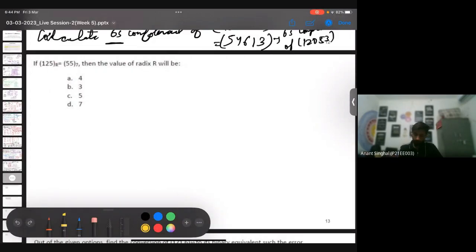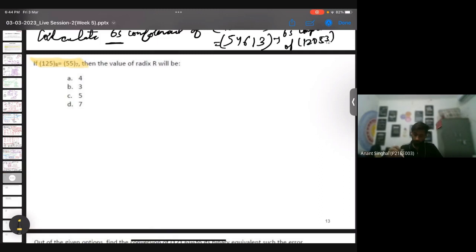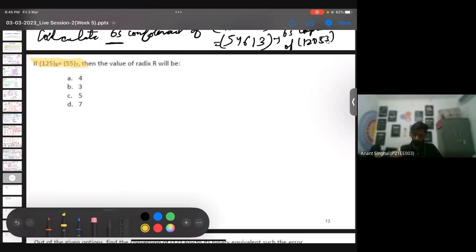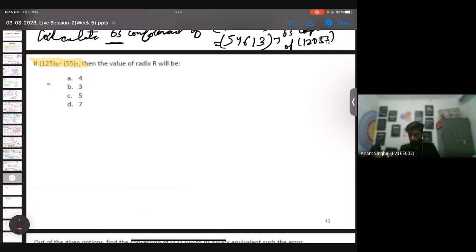So it says that if 125 to the base r is 55 to the base 7, then what will be the value of the radix? So it's quite easy. So let's do it again.